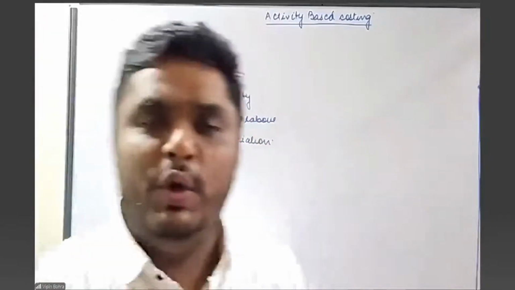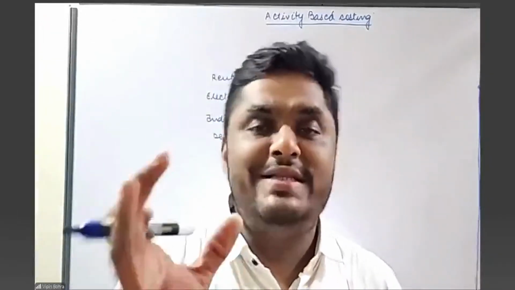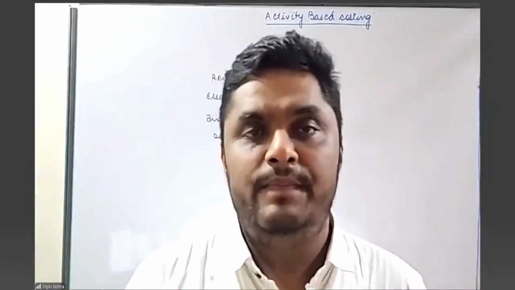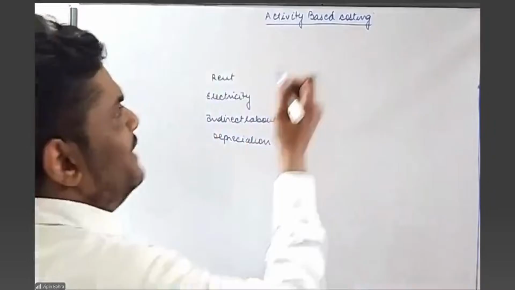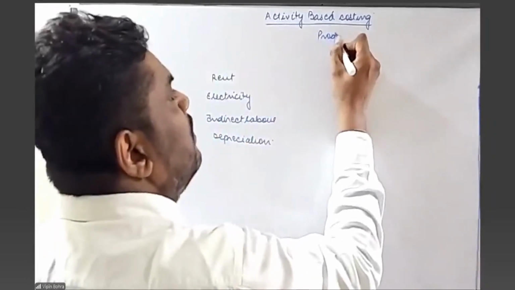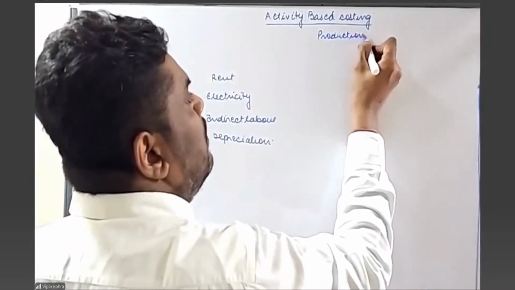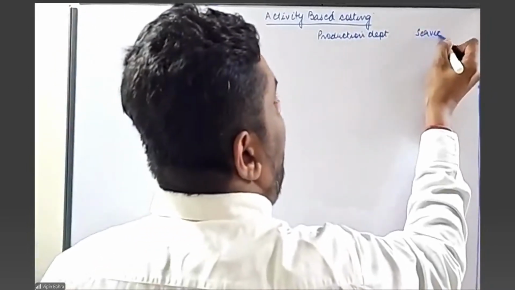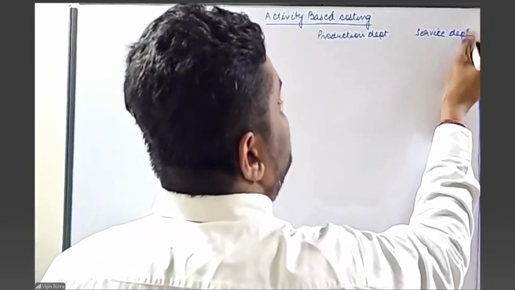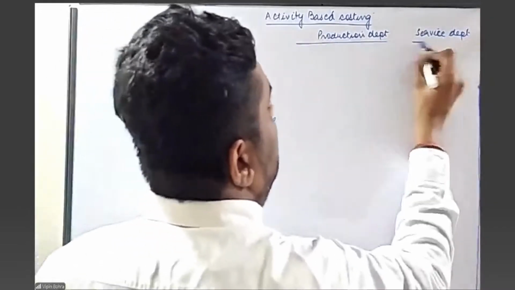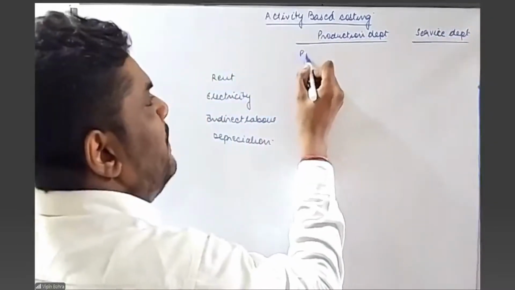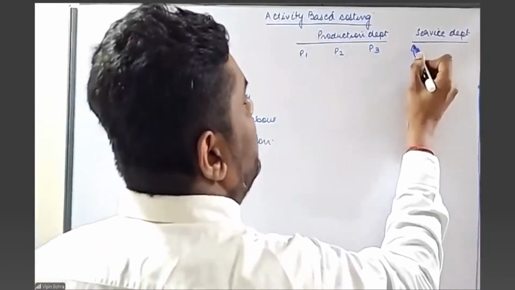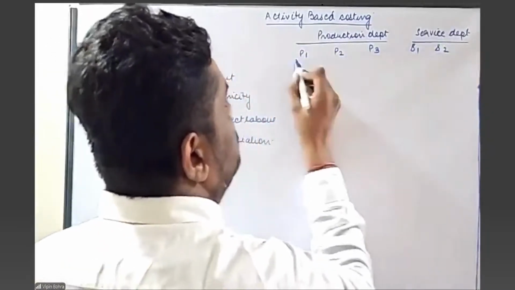Now, what we used to do in overheads is that these overheads, since they are incurred as a whole, we used to distribute the overheads among various production department and service department. Let's say there were three production departments, P1, P2, and P3, and two service departments, S1 and S2.